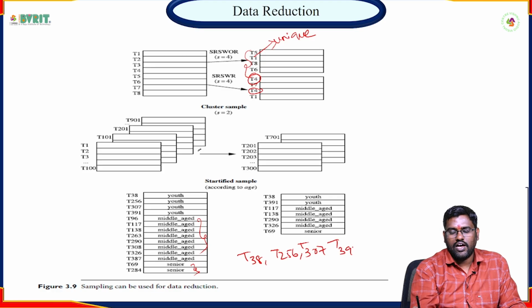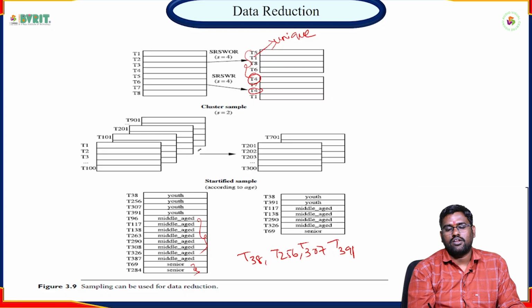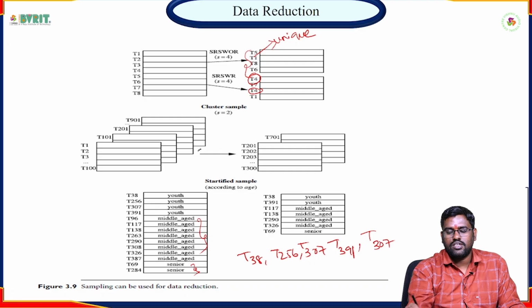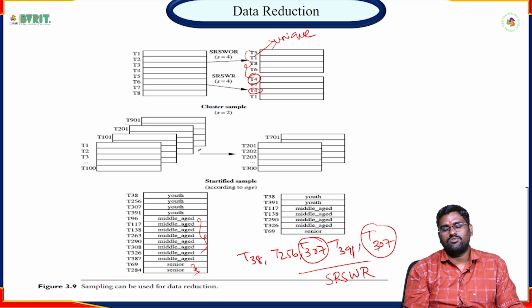Simple random sample with replacement means the same value can be taken again. T307 is there, and again we are taking it. The same values we need to take. Without replacement means we don't take the same values again. That is about the two methods.